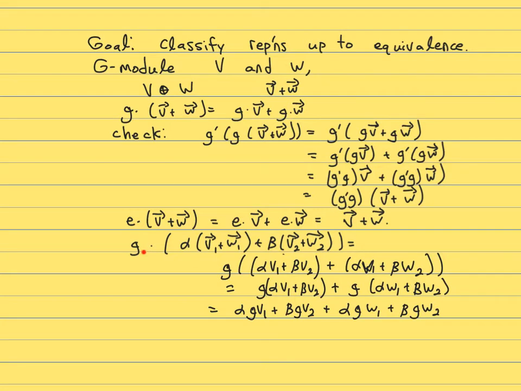I'm acting by an arbitrary element in my group. I decompose it as a sum of a vector in V plus a vector in W, which I must be able to do. Then I use the definition of my group action here. Then I use the fact that G is linear when acting on V and G is linear when acting on W.